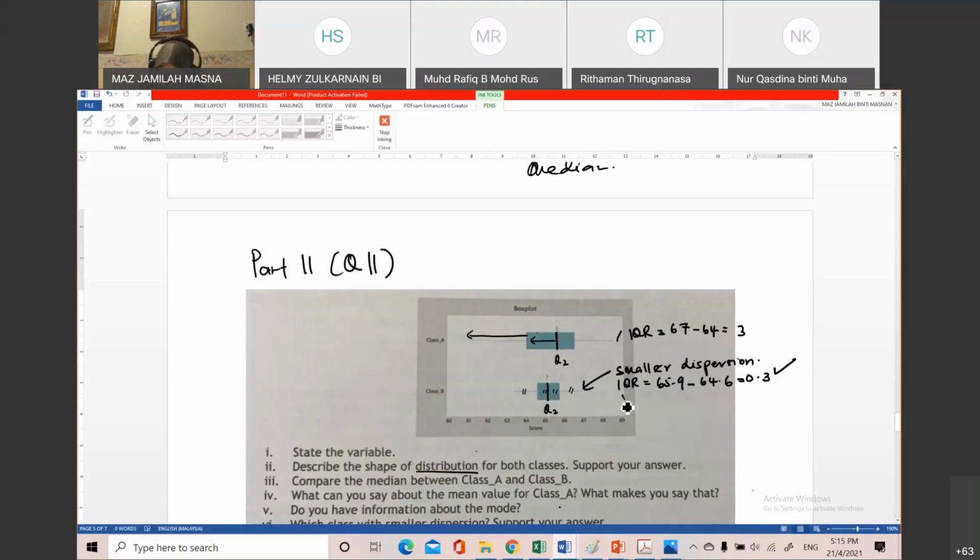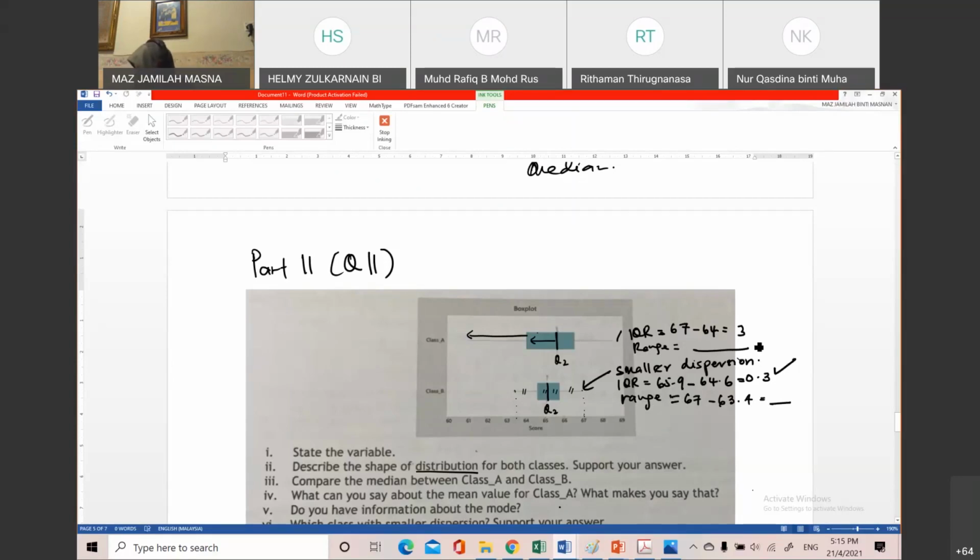You can also use range. So find your maximum, 67, minus your minimum, let's say, 63.4, and you will get the range. That's how you compare.